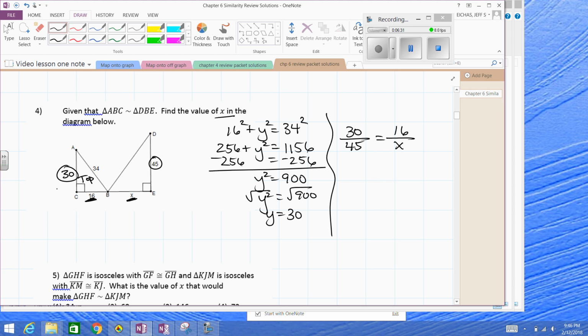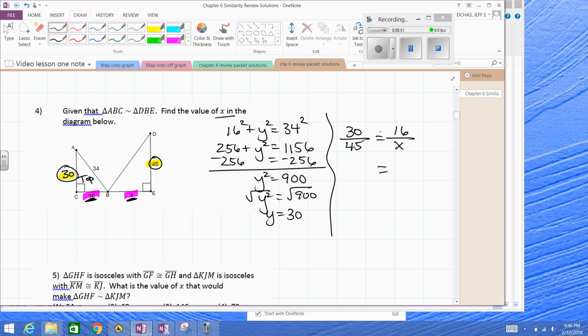Now what you're noticing is that I'm kind of matching these up. I use a highlighter, some kind of symbol to tell you which pairs of corresponding sides they are. So 30 goes with 45, 16 goes with x.